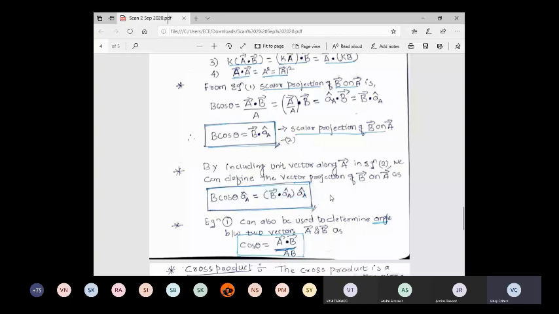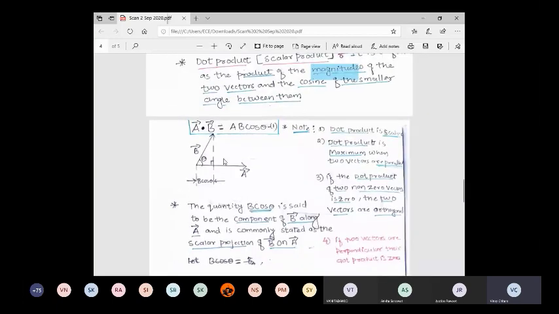That's quite simple, right? Is this point clear? Yes, sir. So it's quite simple. I'm trying to emphasize again and again, this B cos theta is nothing but the magnitude of this line segment, which is being shown here.